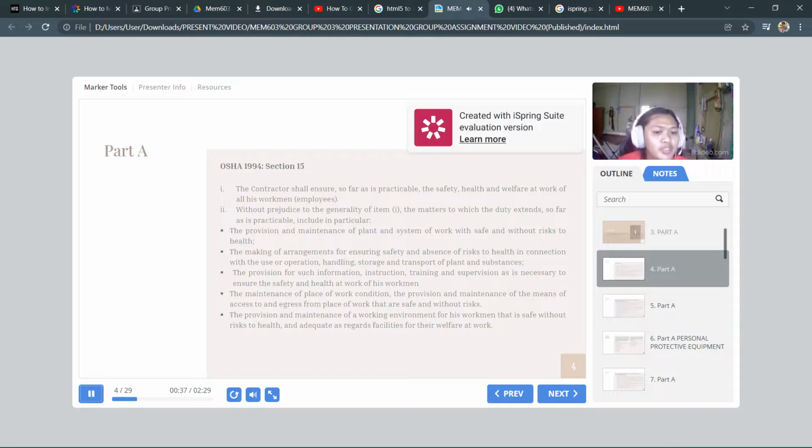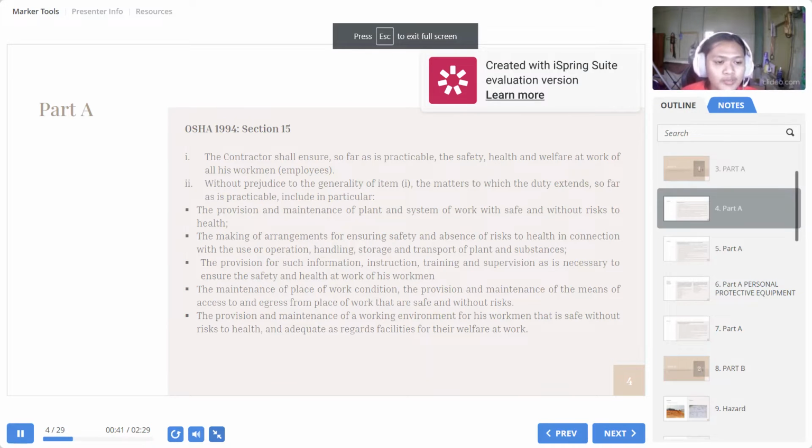Without prejudice to the generality of item 1, the matters to the extent practicable include the provision and maintenance of plant and the workplace so that it is safe and without risk to health.